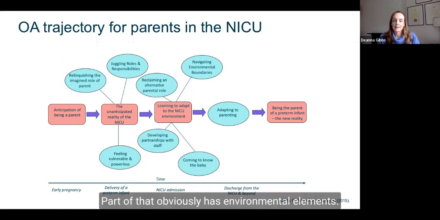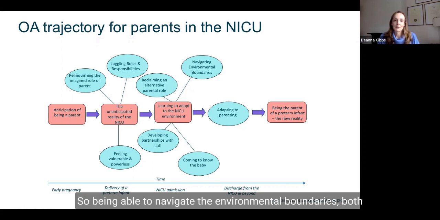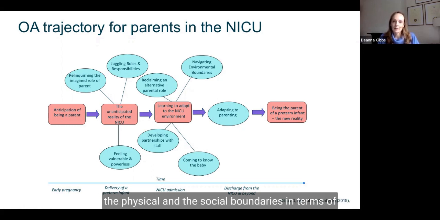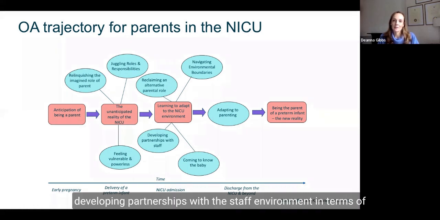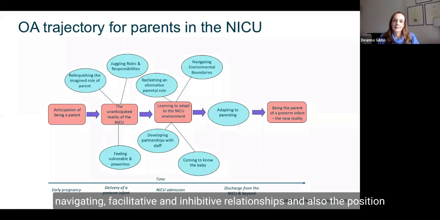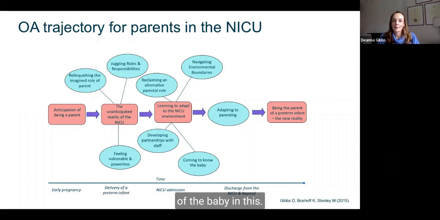Part of that obviously has environmental elements, so being able to navigate the environmental boundaries, both the physical and the social boundaries, in terms of being able to feel close to a baby that has a high amount of technical support needs, but also developing partnerships with the staff environment in terms of navigating facilitative and inhibitive relationships, and also the position of the baby in this.